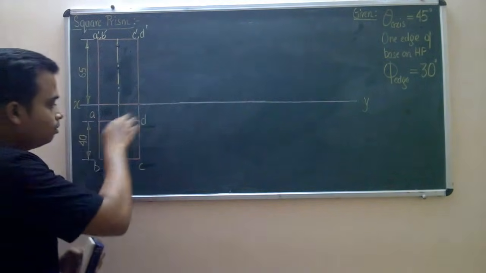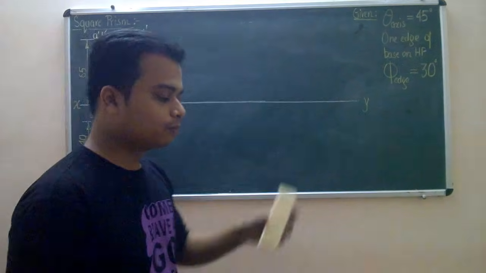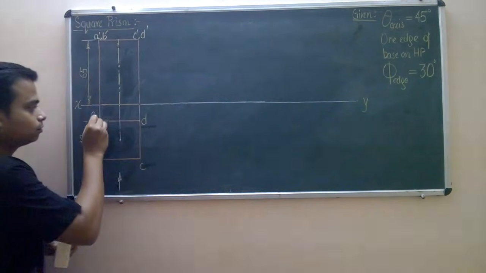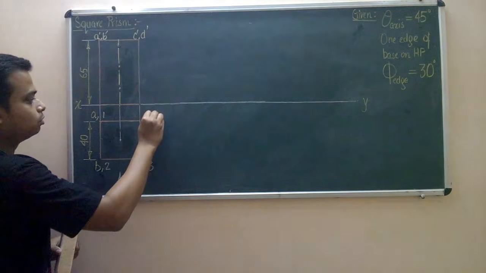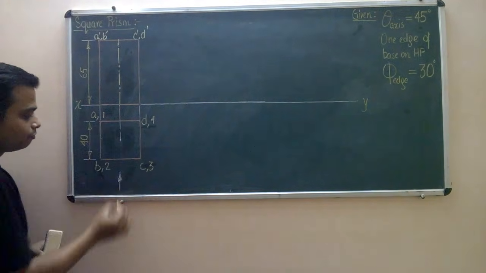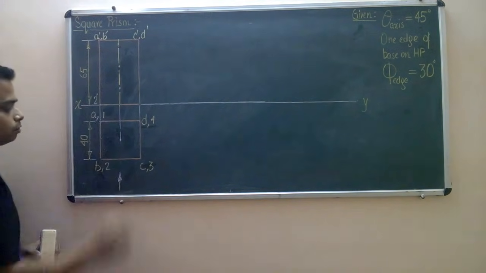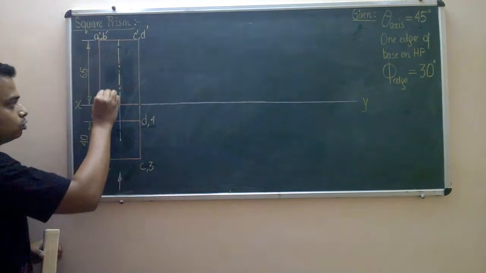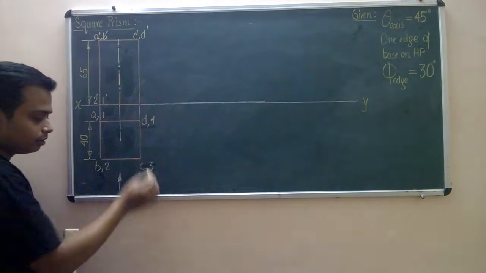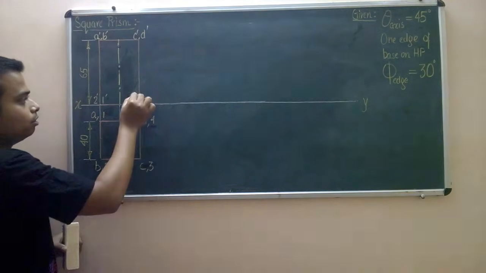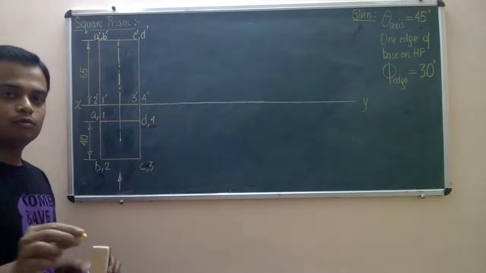As far as the bottom four points are concerned, let us name them 1, 2, 3, and 4, starting from this point. These are the bottom four points. If you start viewing this from the front, you will see point 2 dash first, and behind 2 is 1, so we'll write it as 1 dash. Since it is a front view, dash is mandatory. Looking at this from the front again, you will see point 3 dash, and behind 3 is 4, hence its front view is going to be 4 dash.